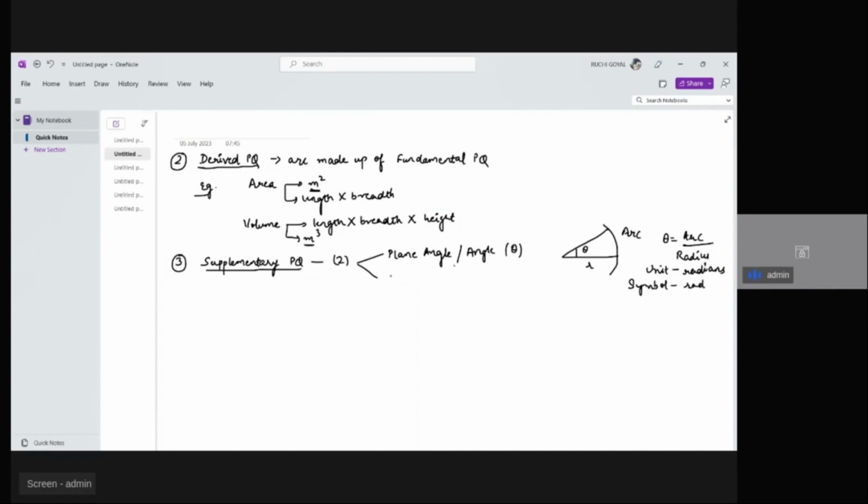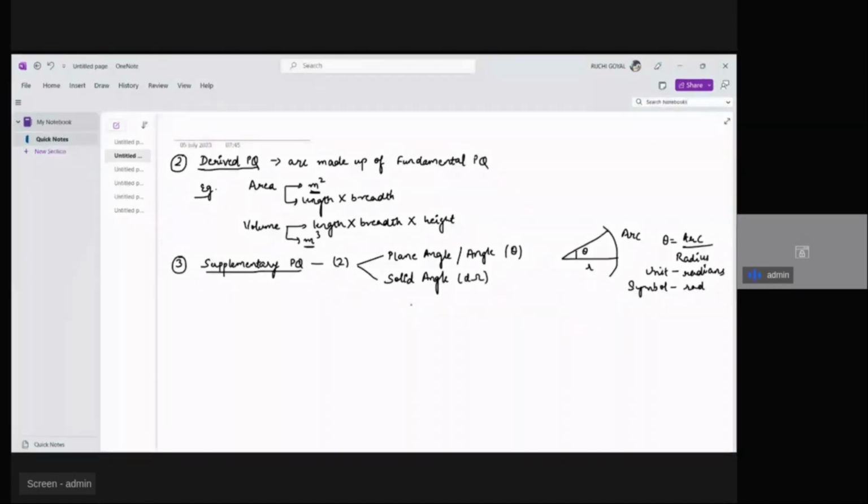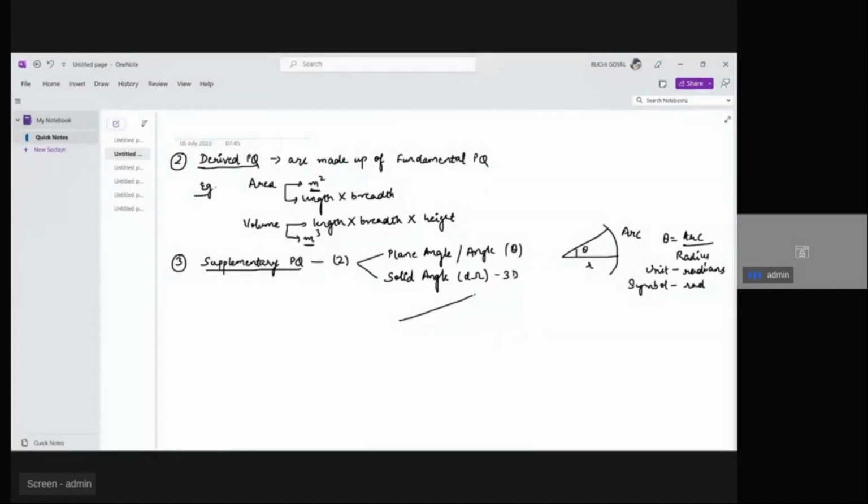Now next is solid angle. So what is solid angle? Solid angle we can denote by d omega. Okay, so it is in 3D. Suppose we are taking one diagram, right?